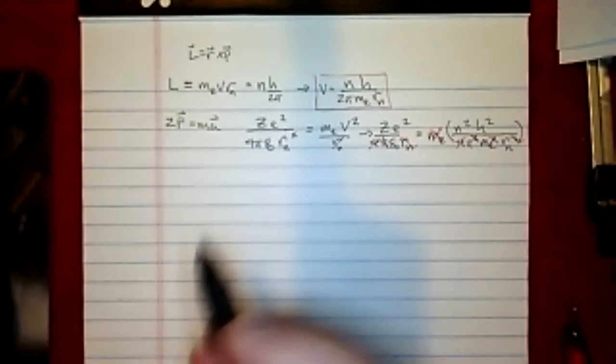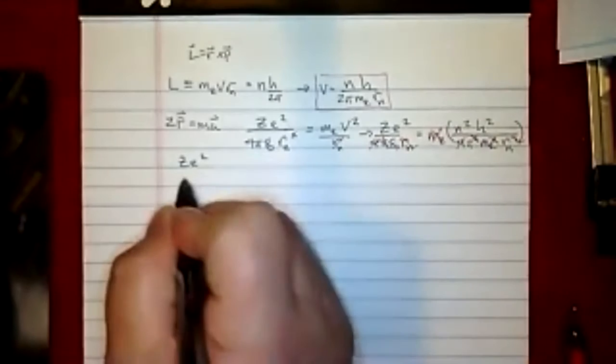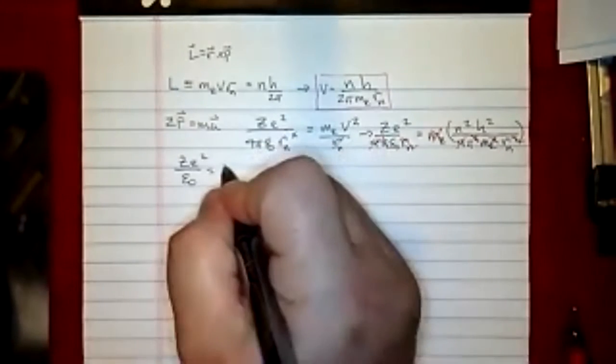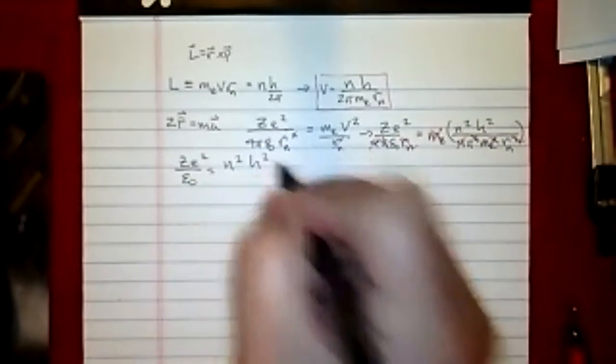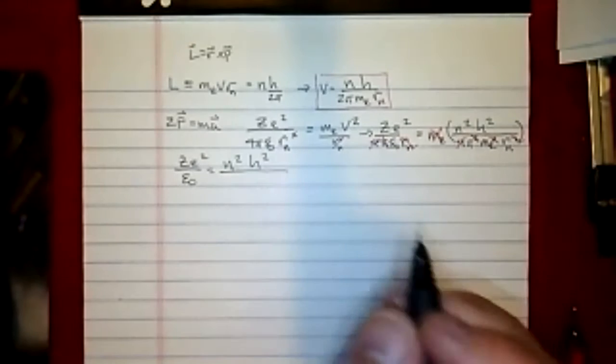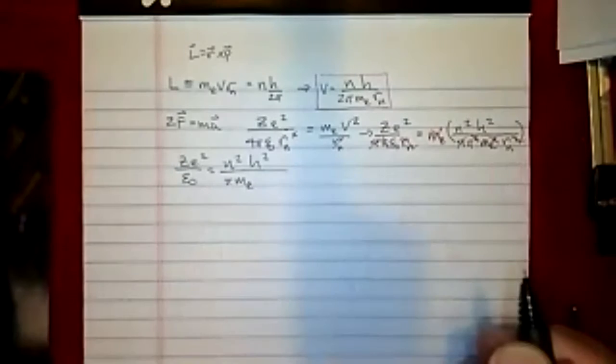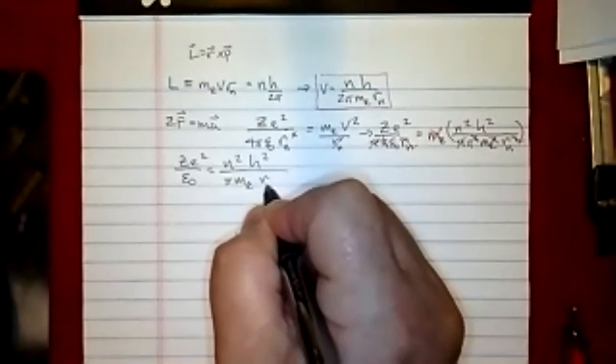So now I can say Ze squared over epsilon naught is equal to n squared h squared over, I've got a pi left in the bottom, so pi times m sub e times Rn.